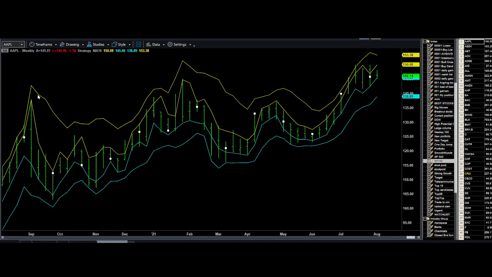If you sell it at this maximum value, you can still get about a $20 difference. This maximum value is 137.86 and this minimum value is 115.35, so it's about a $22 difference.